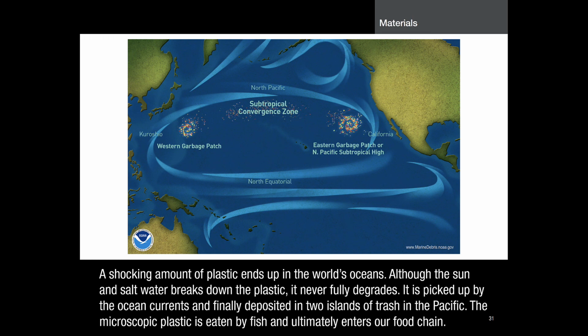And the problem is that it enters the food stream, because the fish of the ocean will ingest it, and that will end up in our food chain when you go to the store to buy fish. So it's a real problem with plastic in packaging design.